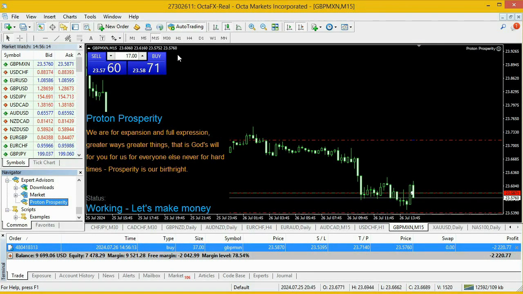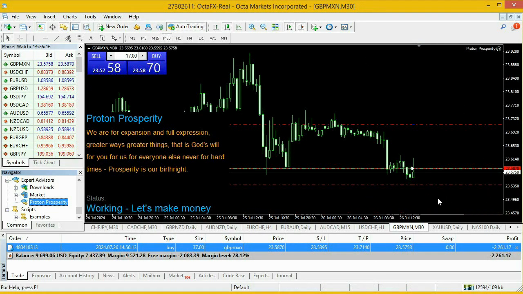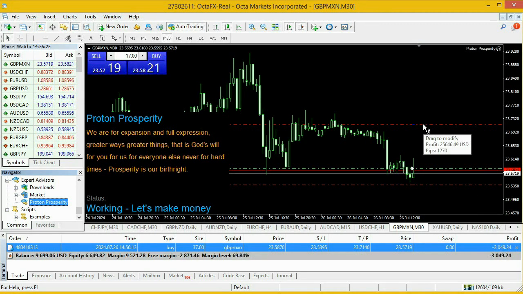Buy position executed. Our stop loss. And take profit.